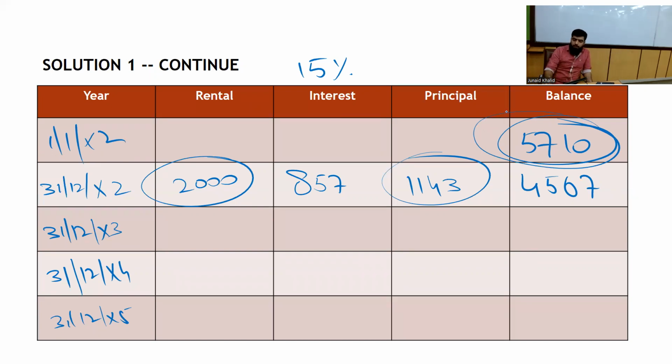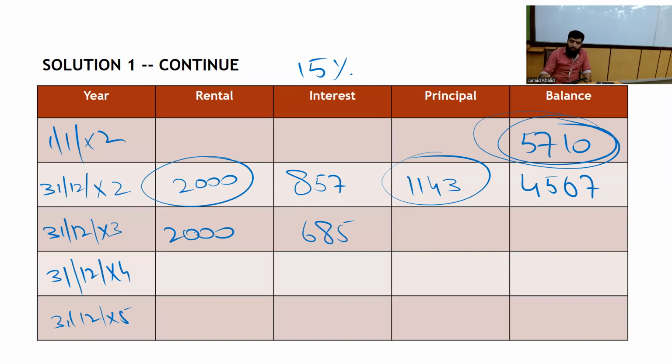Now, during the course of the next year, the company would have paid at the end of 20x3 a rental of $2000. From 31st December 20x2 till 31st December 20x3, for the whole period of 12 months, the liability of 4567 was again due, and on that liability we apply an interest rate of 15%. This makes 685.